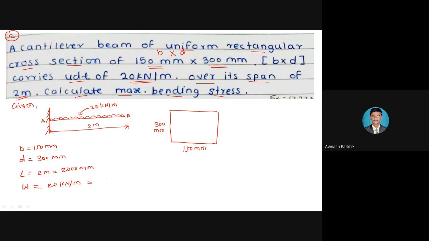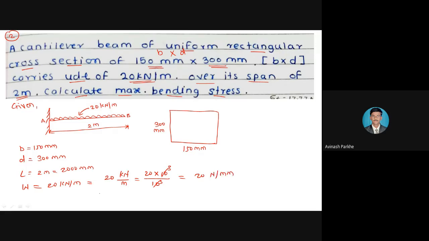So 20 into 10 raised to 3 converts kilonewton into Newton, and at the bottom meter is there, so we also multiply by 10 raised to 3. They get cancelled. You will get W as 20 Newton per mm.